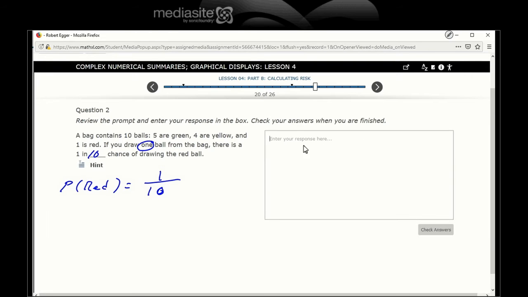Let's go check. Here we go. 1 in 10. Chances of drawing a red ball. Yep. 1 in 10. Got that one right.